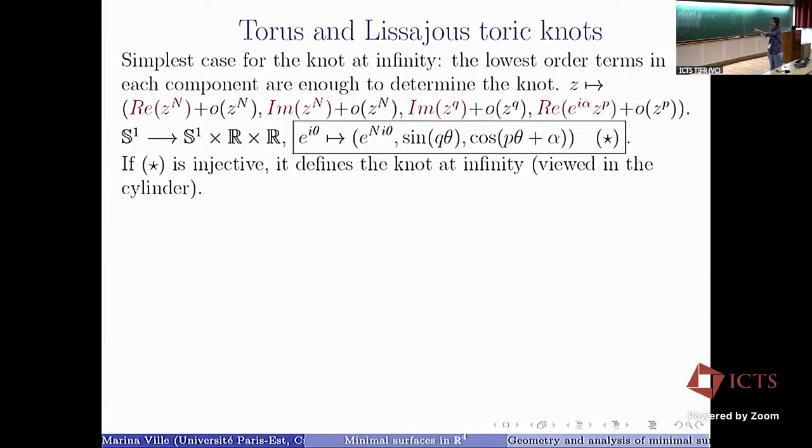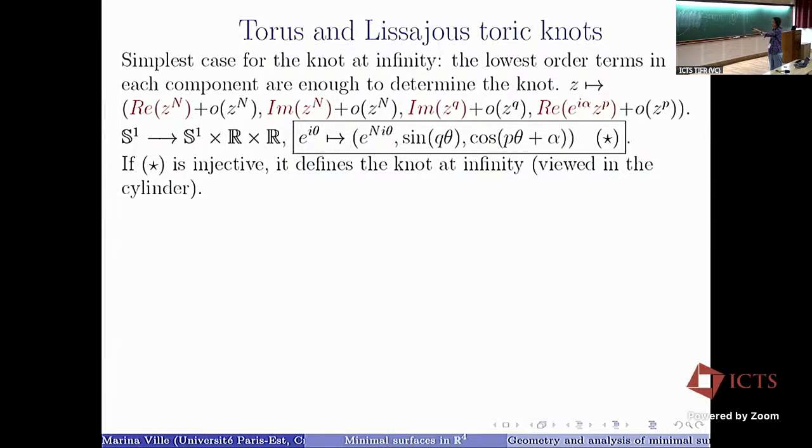Every biggest order term is like the real part of z^p, imaginary part. Here we have a phase, but it doesn't matter. And so the favorable case is when you only look at the biggest order terms, if we truncate and just look at those terms, we have an injection. And so that defines a knot.